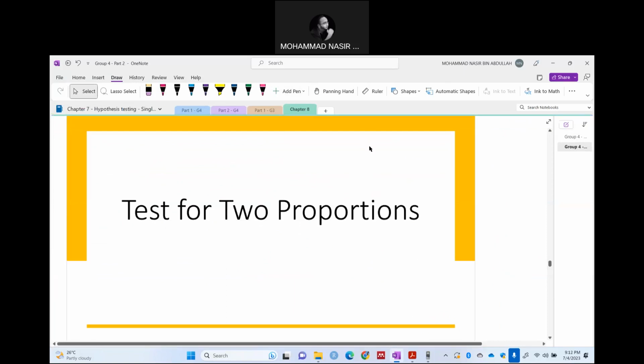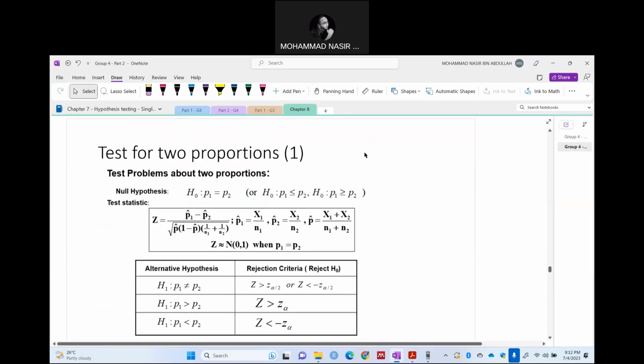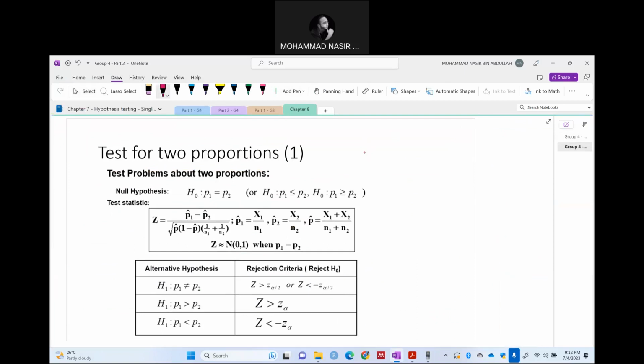So test for two proportions, we already looked at this in chapter number 7. For two populations, if you have two proportions, we want to use the Z distribution test statistic: P1 hat minus P2 hat divided by the square root of grand P hat times Q hat, multiplied by 1 over N1 plus 1 over N2.